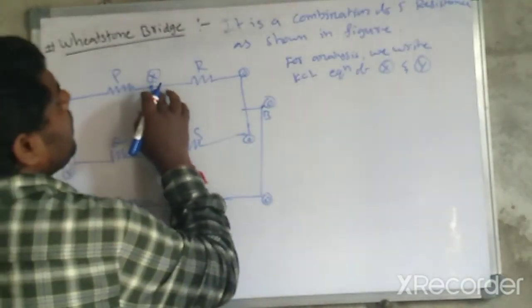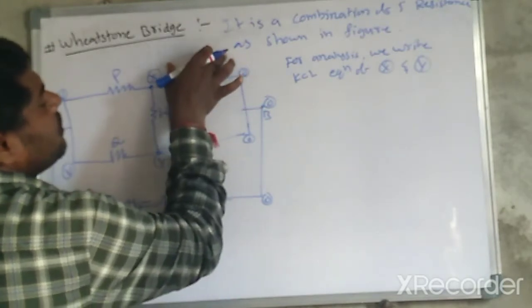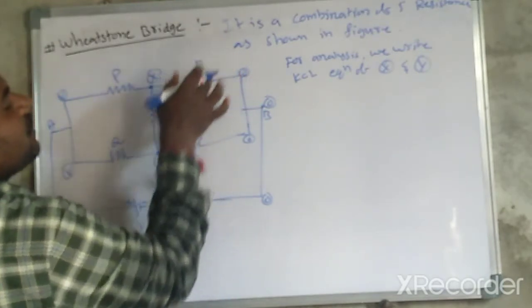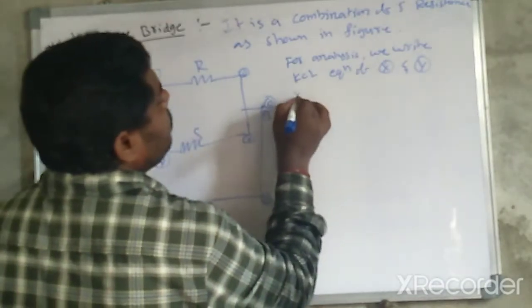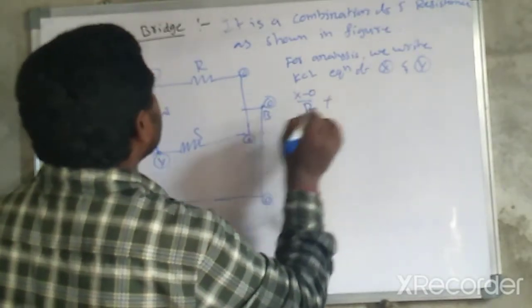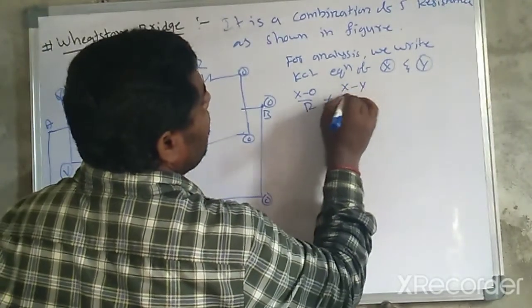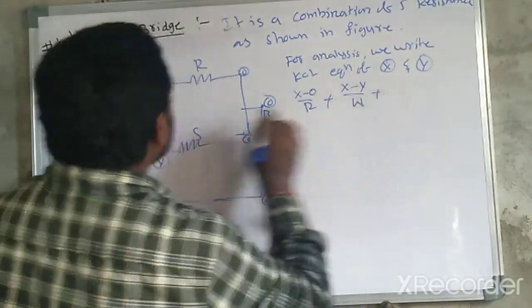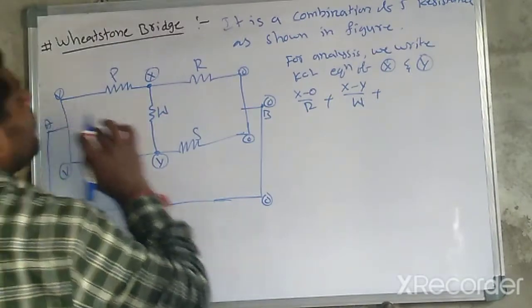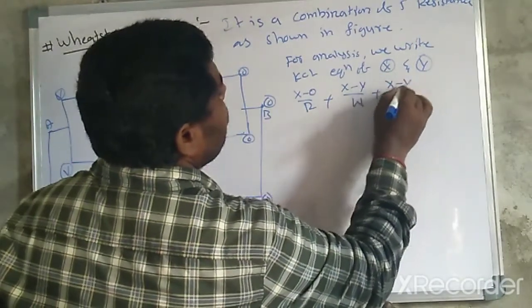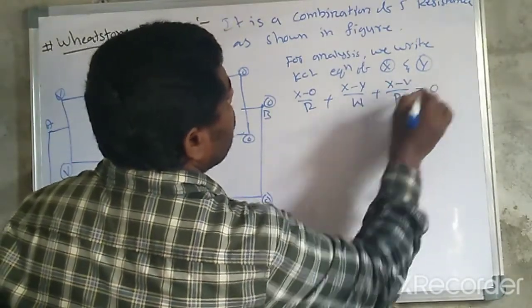So at X: (X minus 0) divided by R, plus (X minus Y) divided by W, plus (X minus V) divided by P, is equal to 0.